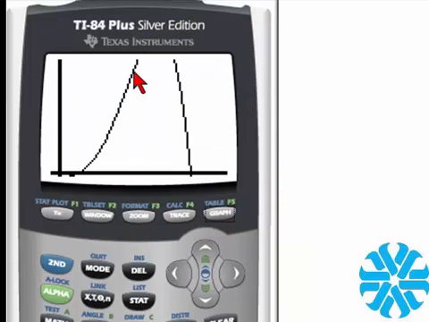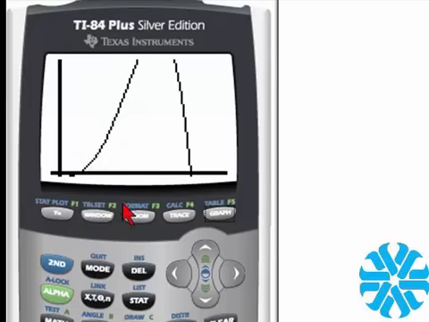It goes up and then it comes down and hits the x-axis again, somewhere between 100 and 200. So it increased to its maximum, then it came down. All right. So we need to increase the window on the y values a little bit higher so we can see this maximum value.